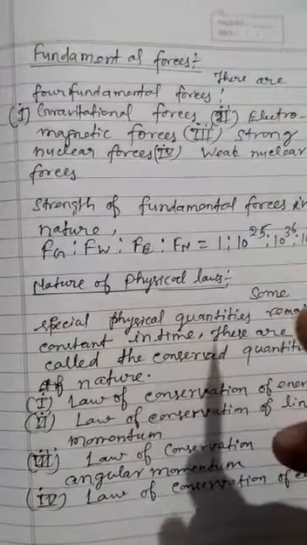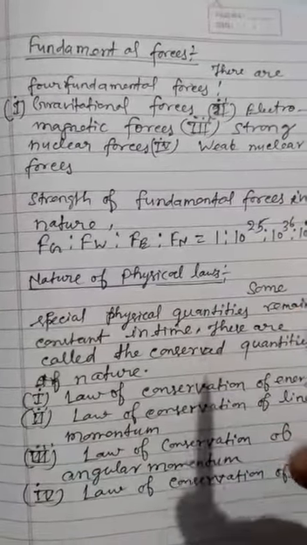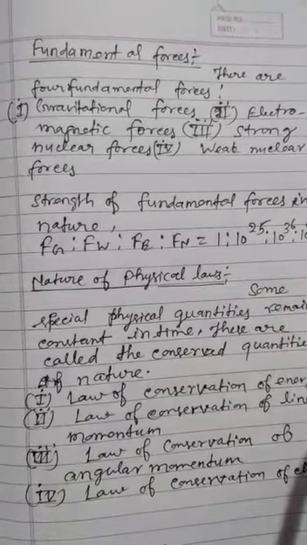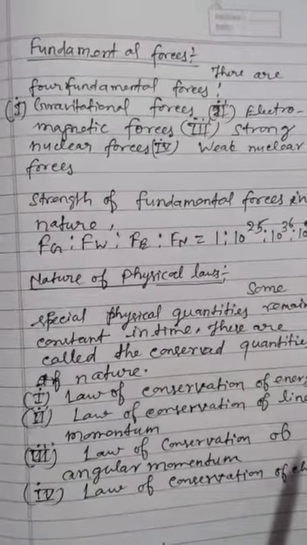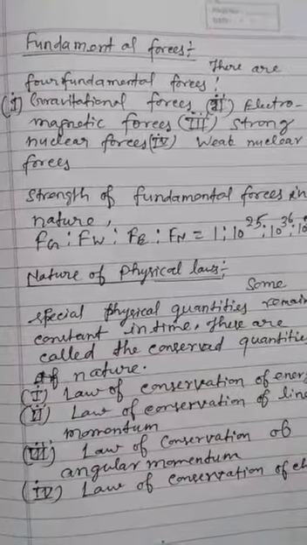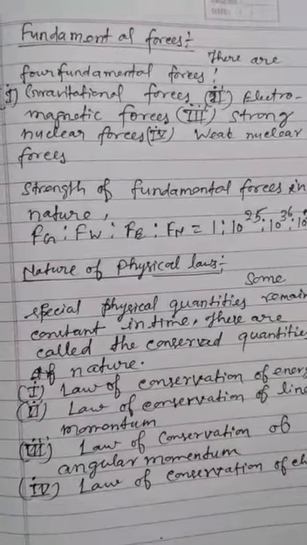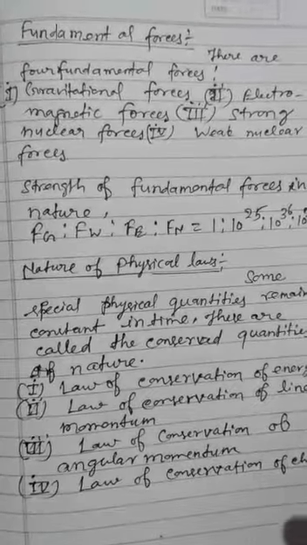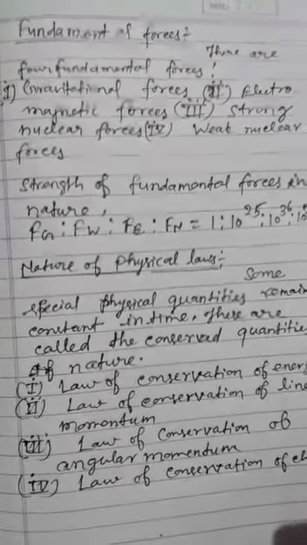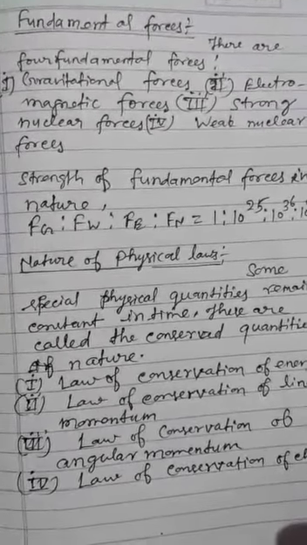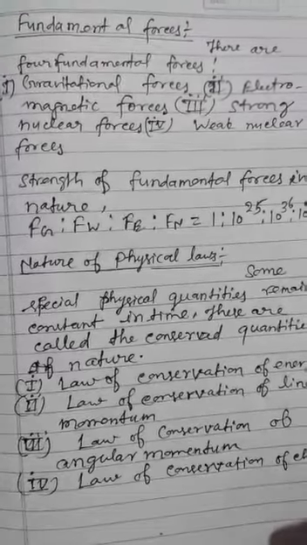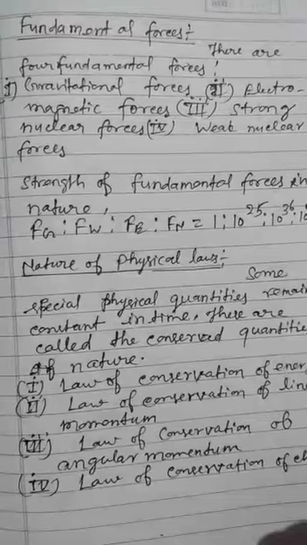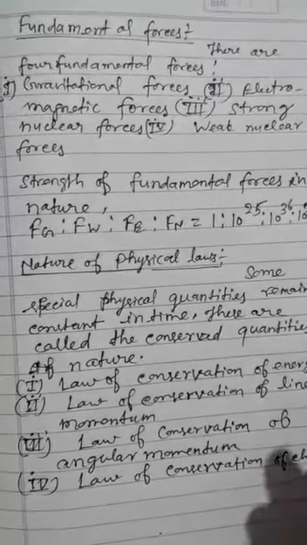And third is strong nuclear forces, like the force acting between the light nuclei, that is the force acting between proton and neutron. And the weak nuclear force is also a force between the nucleons, that is heavy nucleons.